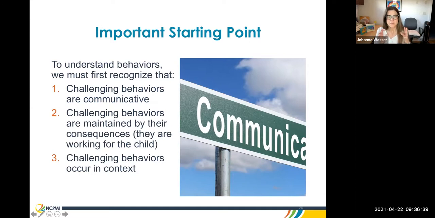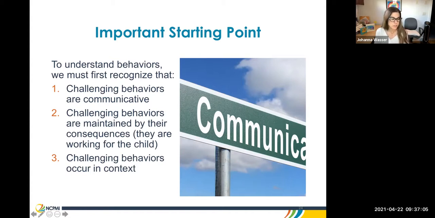One of the first things we have to figure out is, what is a child trying to tell us when we're seeing challenging behavior? We need to know that when we see a challenging behavior, this strictly equals some sort of communication. Child's trying to tell us something either that they need or that they want, or something that they want to get away from or not even go to.